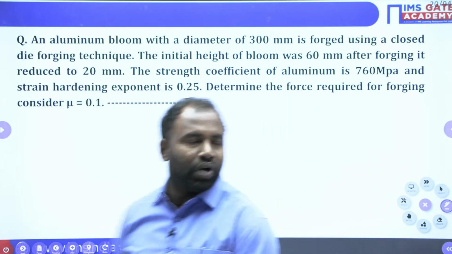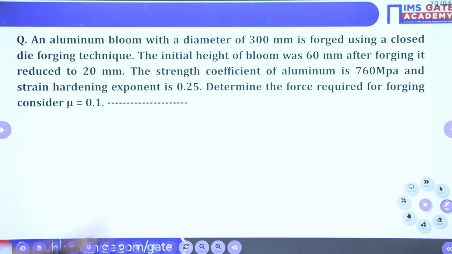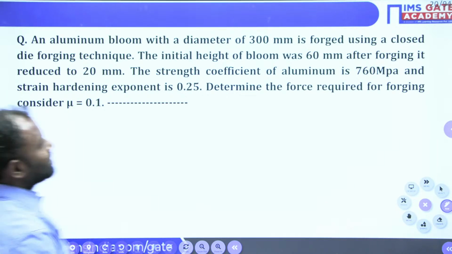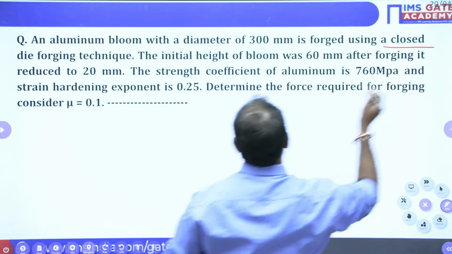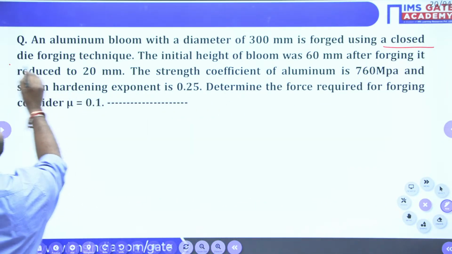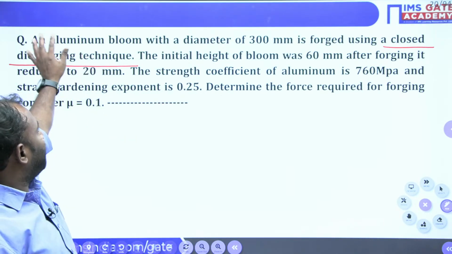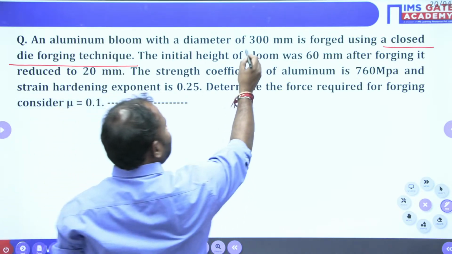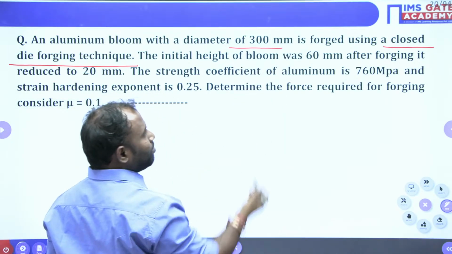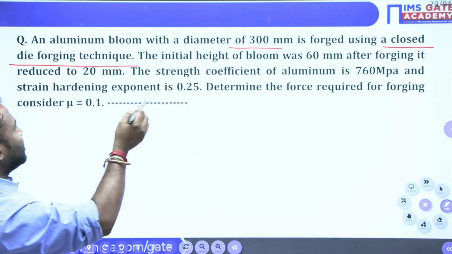Now let me read the question and segregate the data. A forging is going to happen. Which type of forging is it? It is a closed die forging operation. A bloom of aluminium, initial diameter is 300 mm, is forged using the closed die forging system.